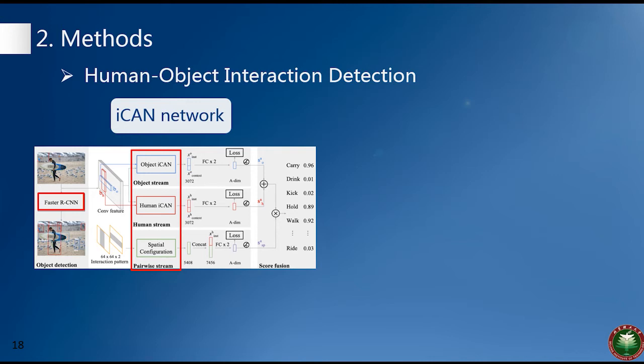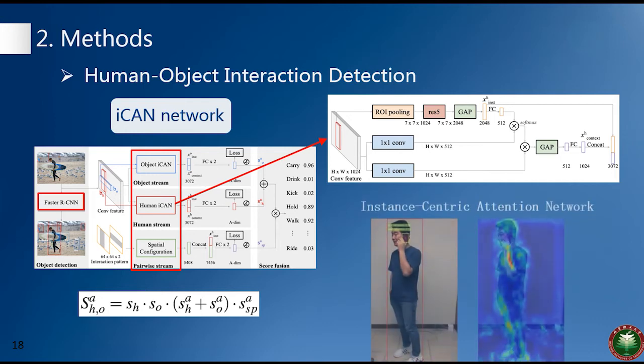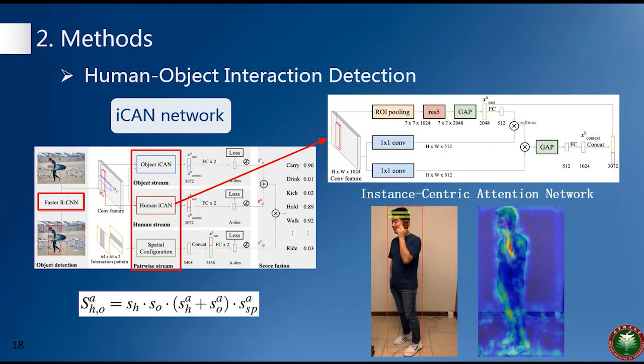Spatial configuration outputs position relationship score SSP, and then the final action score is obtained by this formula. Attention mechanism is used here to extract features and convolve the image, get the error of attention, and improve the recognition accuracy.